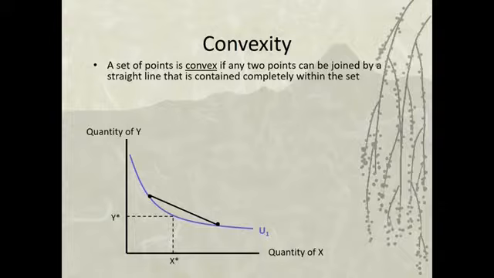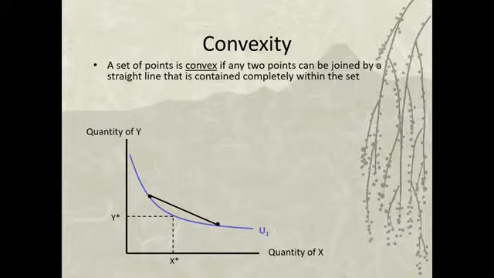So now the second kind of issue is called the convexity problem, as I mentioned in the last lecture also. A set of points is convex if any two points can be joined by a straight line that is contained completely within the set. So this is a simple way to understand convexity.